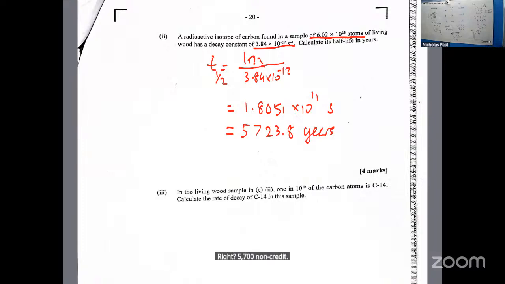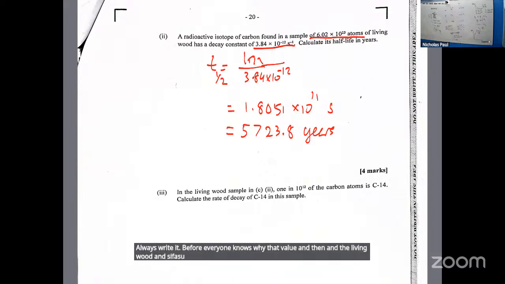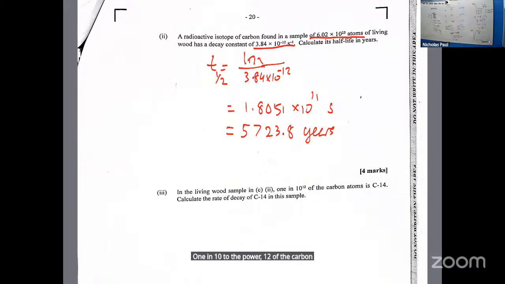Round up, but always write the exact value before you round up. Then in the living wood in part 2, 1 in 10 to the power of 12 of the carbon atoms is C14. Calculate the rate of decay, the activity of carbon 14.